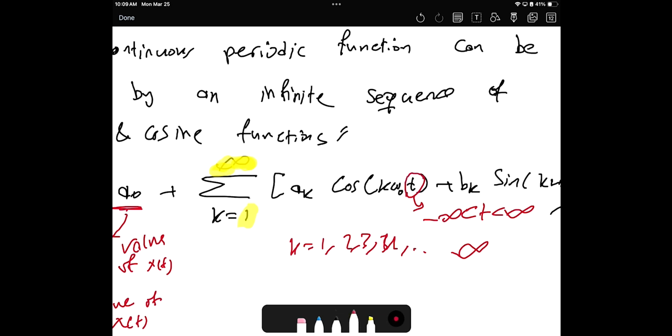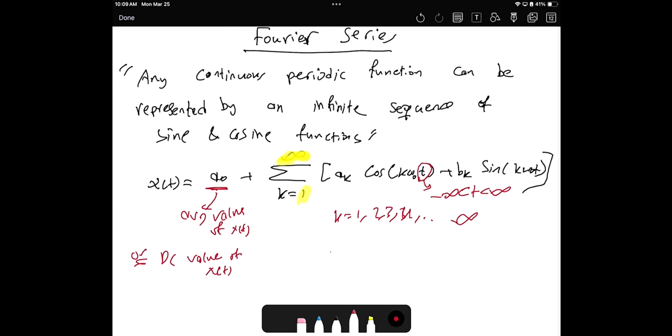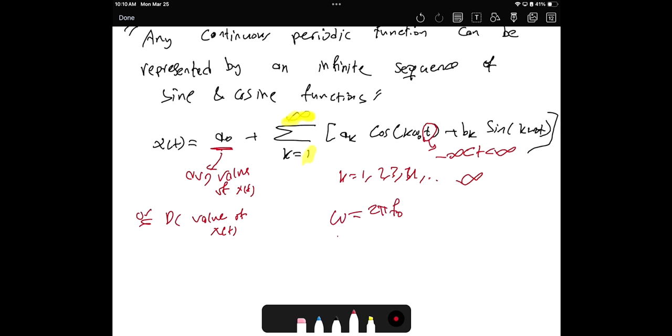Omega naught is the angular frequency. Omega naught equals 2 pi times f naught, and f naught is 1 over T. So omega naught is called the fundamental angular frequency, while f naught is the fundamental frequency, and T is the period.